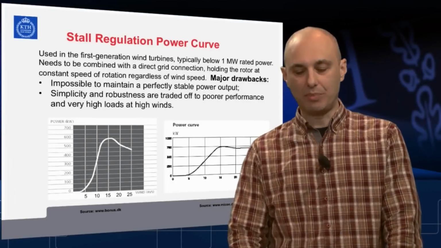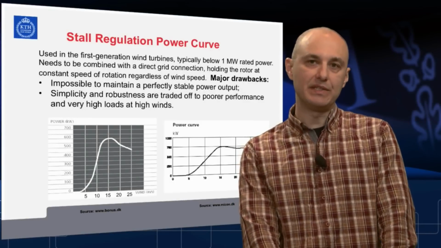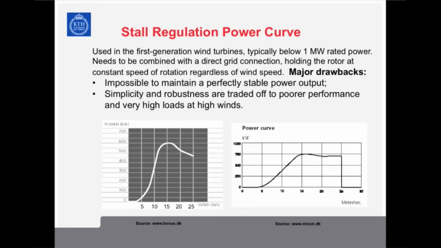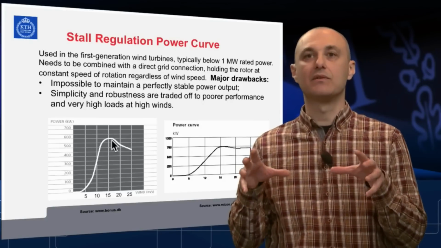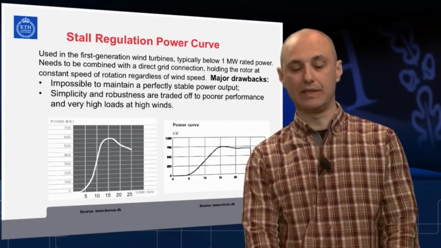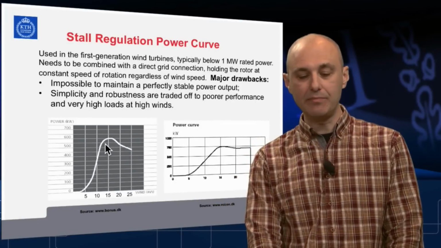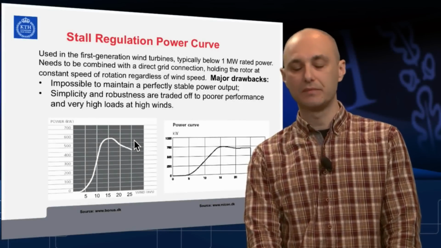The stall regulation power curve suffers from two basic disadvantages. First of all, you're losing too much performance in the high wind spectrum. It is not really possible to predefine the position of the blades in such a way that they perform perfectly and keep a stable power output.